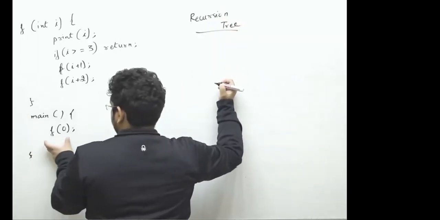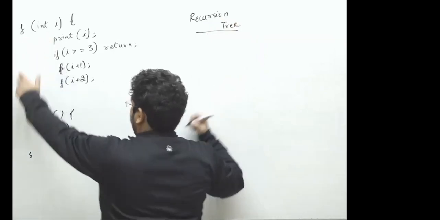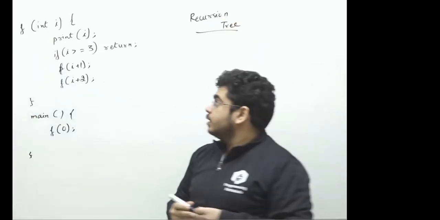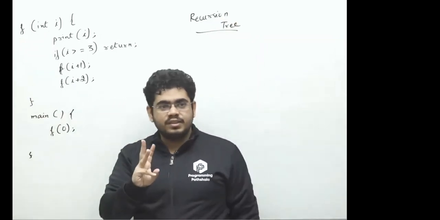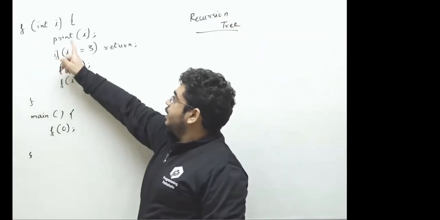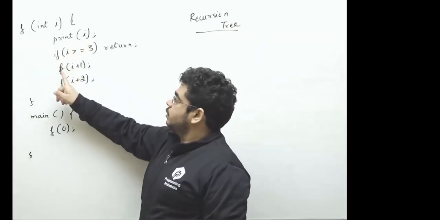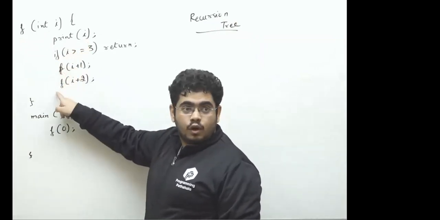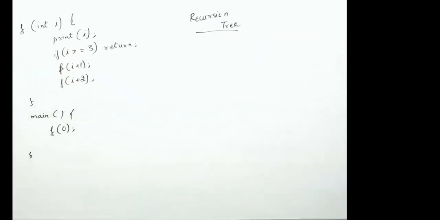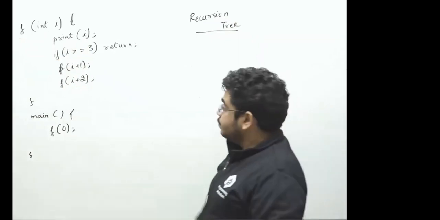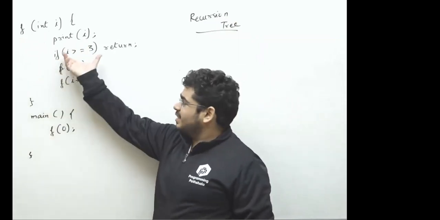So first we are calling f of 0. Let's see what f of 0 is doing. F of 0 is basically doing three things: printing 0, calling f of 1, calling f of 2. Can I say that? Everyone with me? This check will not be passed.